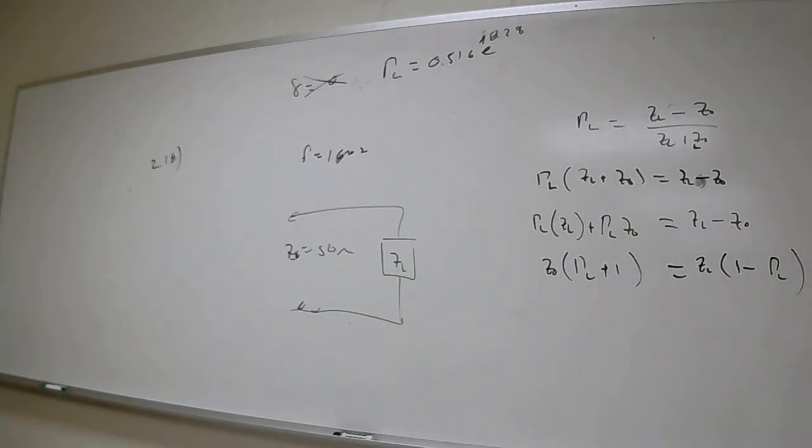So now you put in the value for gamma L. Here's where you need your calculators to do this. Remember, that's in degrees. You've got to be careful about that.